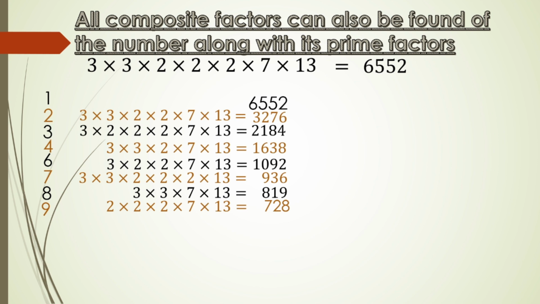So if a number is not present, then its multiples cannot be present. But if a number is present, then its multiples may or may not be. Just like 2 is present in the prime factorization, so its multiples may or may not be. What are its multiples? 4, yes, it is present. And 6, yes, it is present because of 3. And then its fourth multiple is 8, which is present.